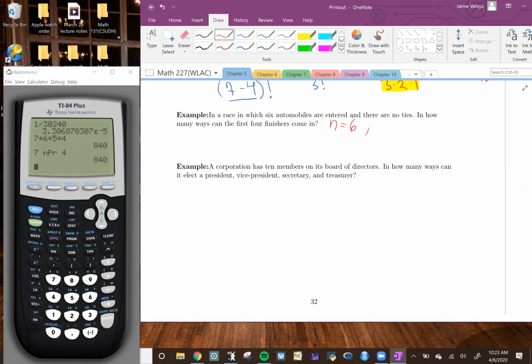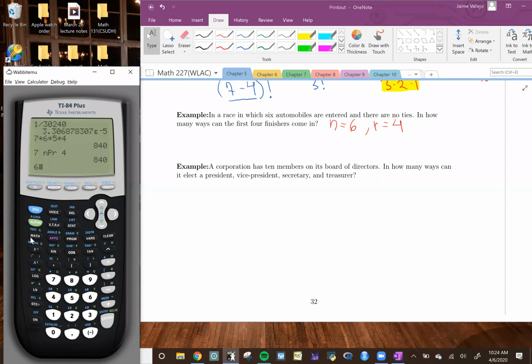So which places do we care about? First, second, third, and fourth. First 4. Yeah, first 4. So that means r in this case is equal to 4. Can we just do nPr for that? Yeah, we'll do nPr first.